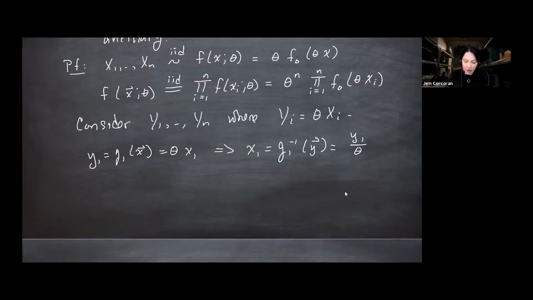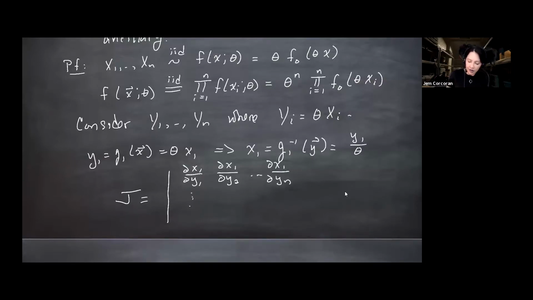And I'm going to write down the PDF for the y's. So first, let me write the Jacobian. This is going to be the derivative of x1 with respect to y1, the derivative of x1 with respect to y2, on out, x1 with respect to yn, and then down here, xn, and so on.